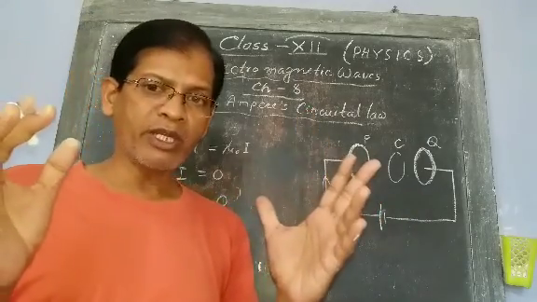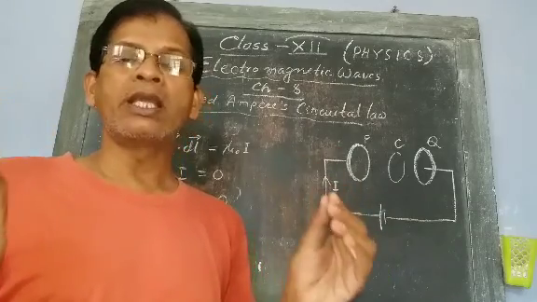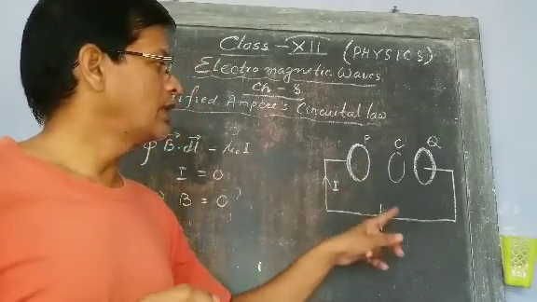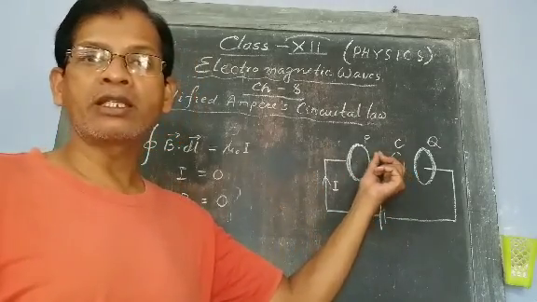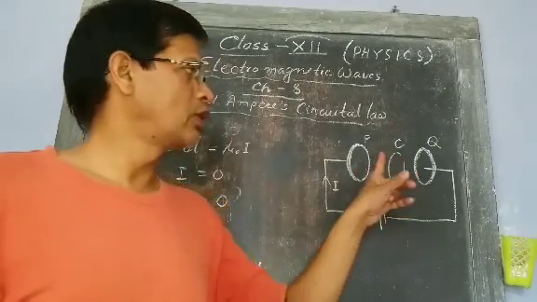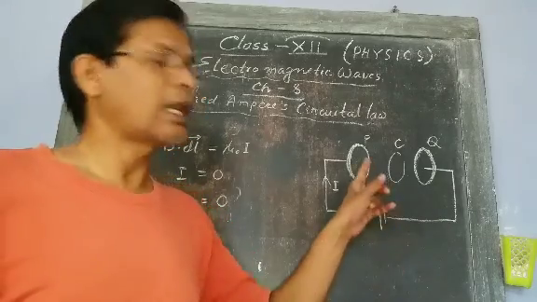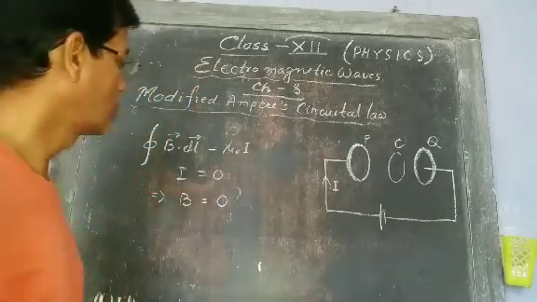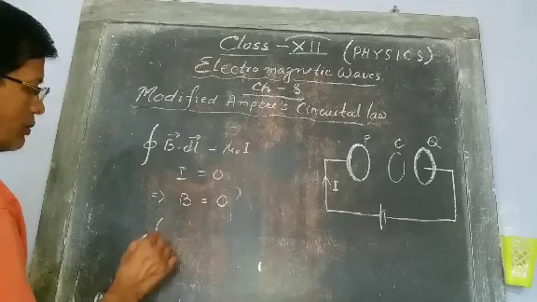This displacement current occurs due to the change in electric field. When the capacitor is charging, there is a change in electric field here, so there will be a current. This is the displacement current.